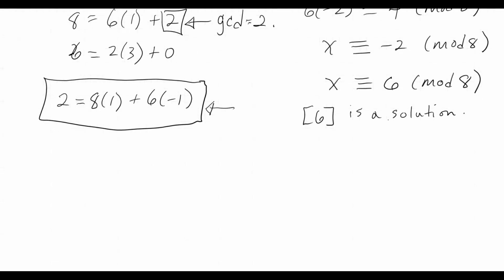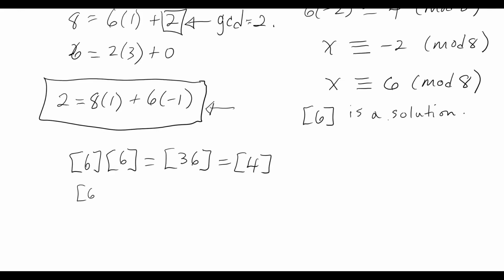So we're going to plug it into our equation. 6 times 6 equals 36. If we divide 8 into 36, it goes 4 times with a remainder of 4. So we do see that 6 times our value of x is equal to the congruence class containing 4.